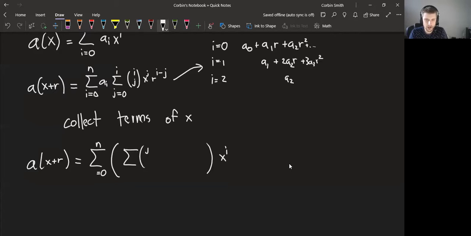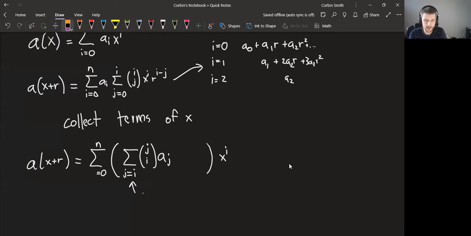So this time it's going to be j choose i times a_j. So j starting at i, because this is the lowest one to guarantee that such a power of x actually exists in the original sum. So we're starting at j equals i, and j is increasing.